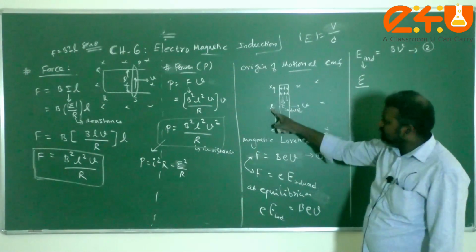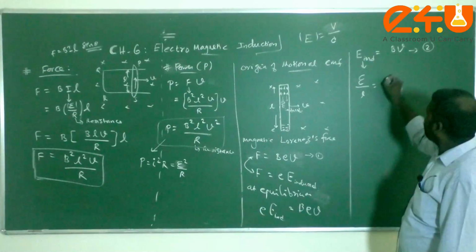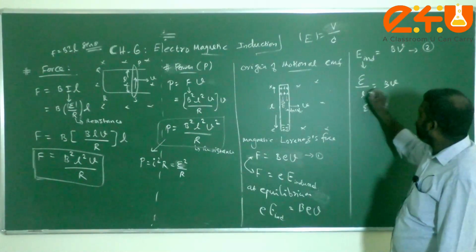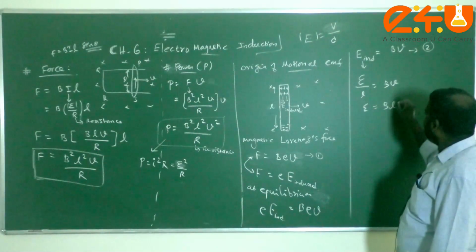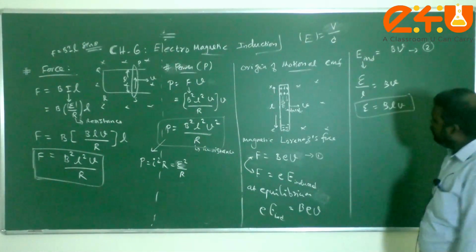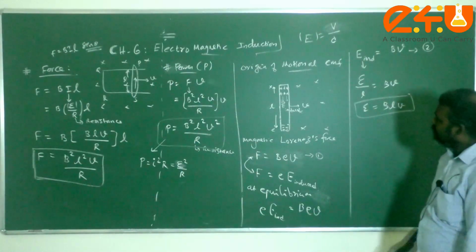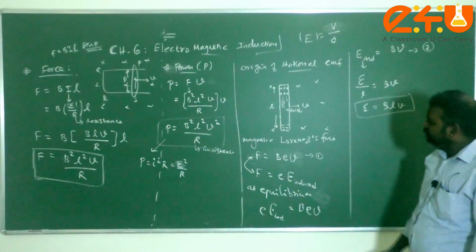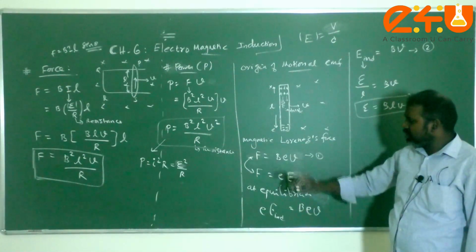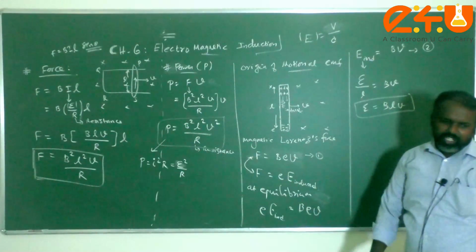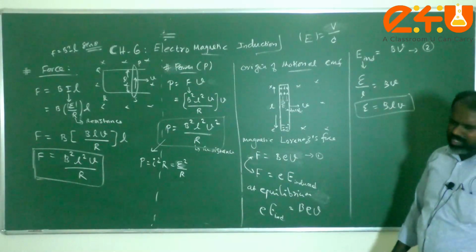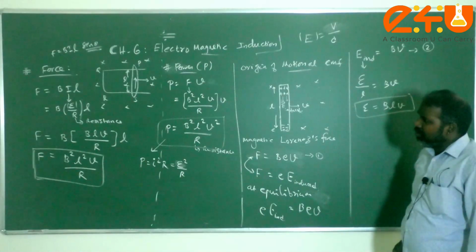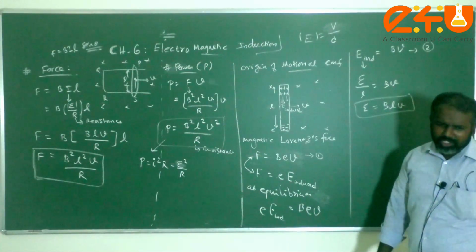The distance moved by the charge is L. Therefore E is equal to B into L into V. In this manner we can explain how the motional EMF originates in the movable conductor due to the Lorentz force and the force due to the induced electric field. This is the complete information about motional EMF.